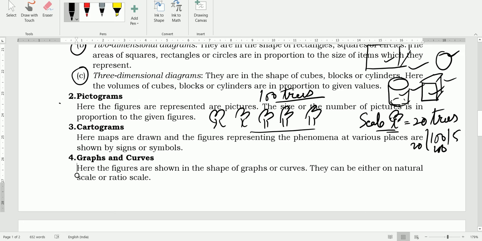Next, we have these cartograms. Here, maps are drawn, and the figures representing phenomena at various places are shown by signs or symbols.